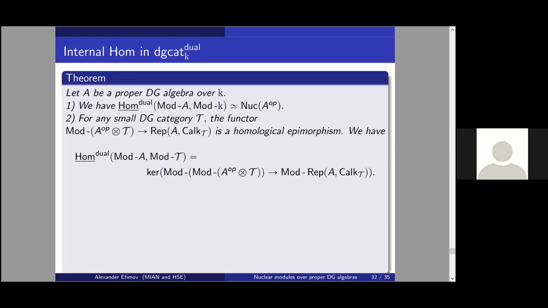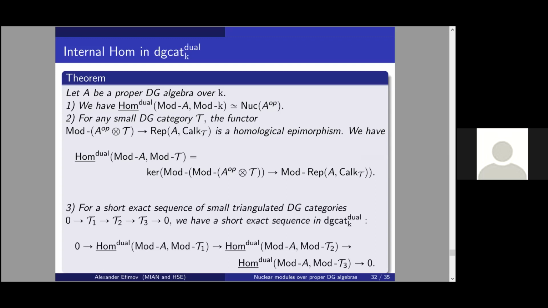And moreover, the internal Hom is given by the same kernel as above, but here we have models over bimodules to models over representations of A in the Calkin category of T. So this really computes the internal Hom in dualizable categories. And for a short exact sequence of small triangulated categories, we have a short exact sequence in dualizable categories.